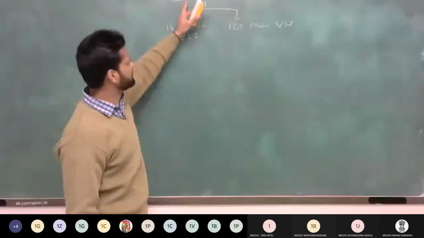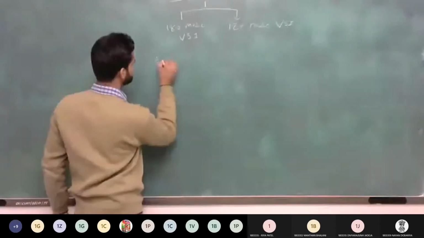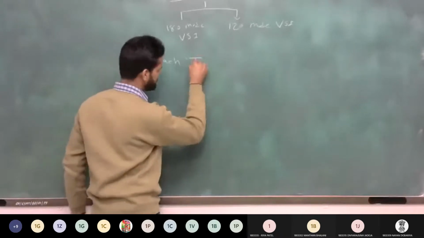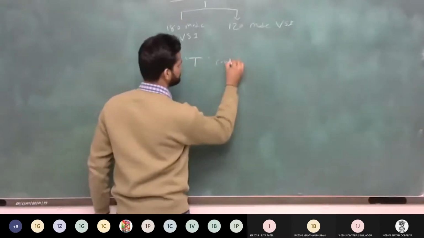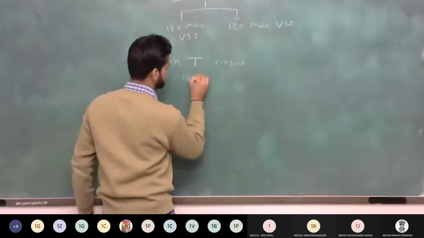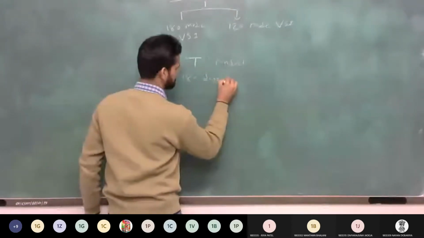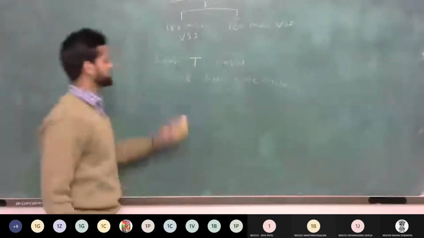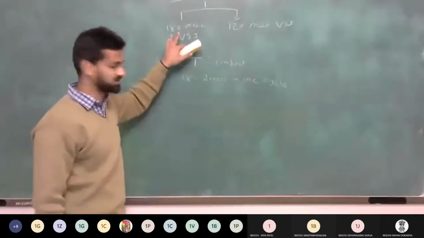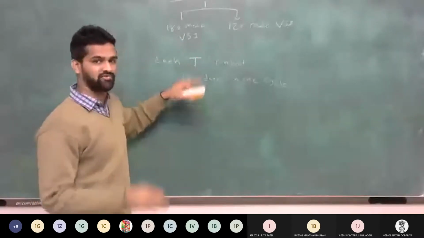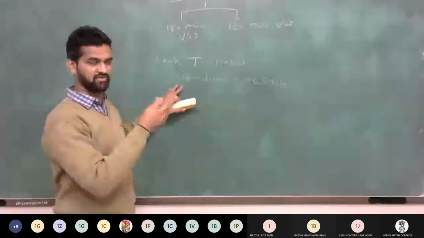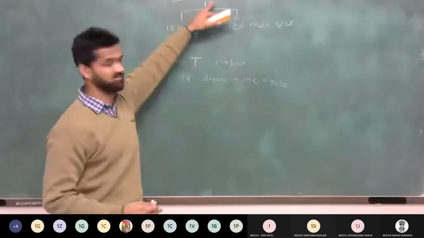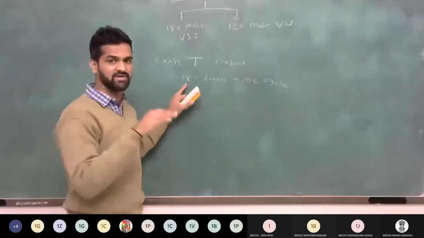Let's understand the meaning of 180 degree and 120 degree. In 180 degree mode of three-phase inverter, each thyristor, which I call T, conducts for 180 degree in one cycle. That's why it is called a 180 degree mode of conduction. As you know, one cycle is 360 degrees, so each thyristor used in the three-phase inverter conducts for 180 degree duration.